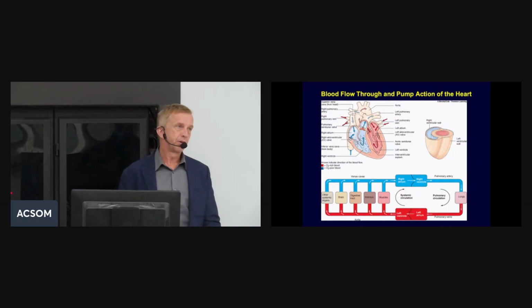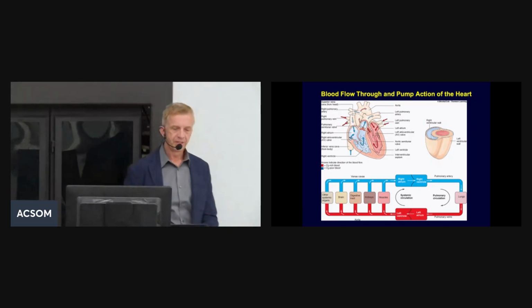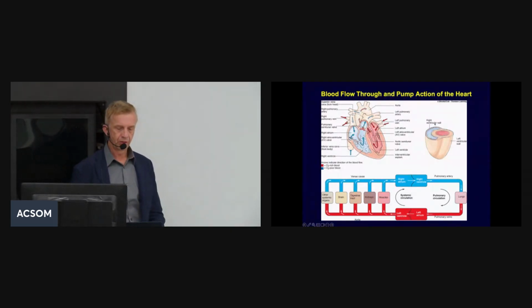So it's a low pressure system. That's why we talked about the crescent shape of the right ventricle, and you can see the right ventricle wall is thinner because the right ventricle doesn't have to generate that much pressure. So what is the normal pressure in the pulmonary circulation?